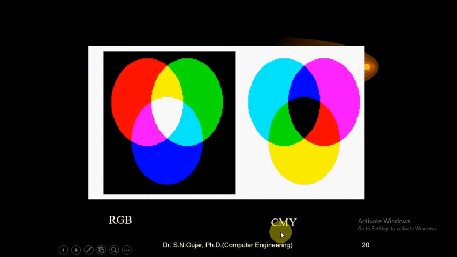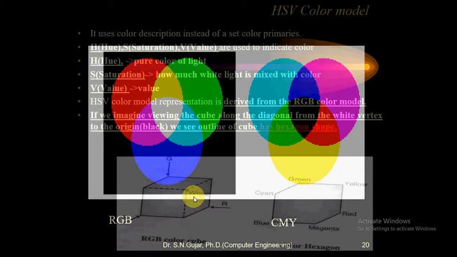So these are cyan, magenta and yellow, and these are the combinations that are formed, and then we add the K color for the black. This is the comparison of RGB and CMY.